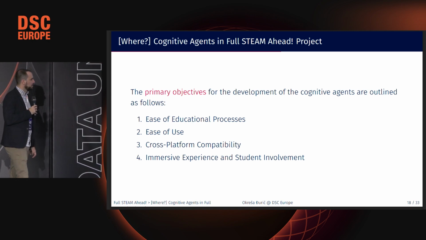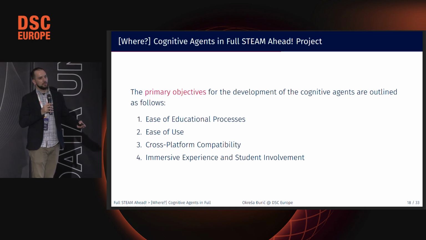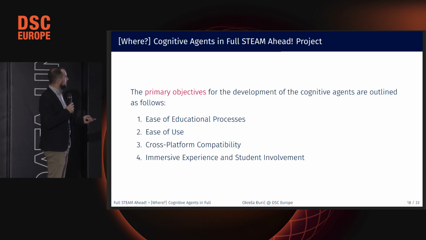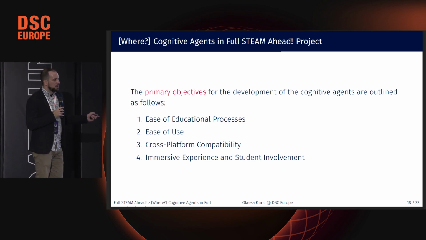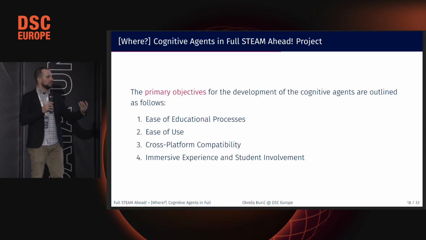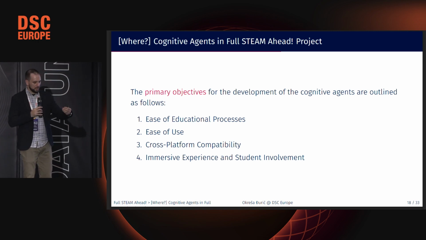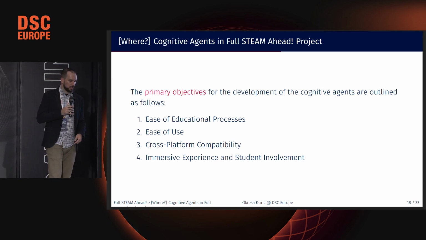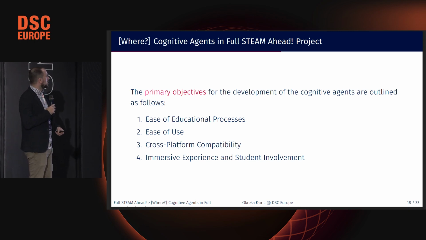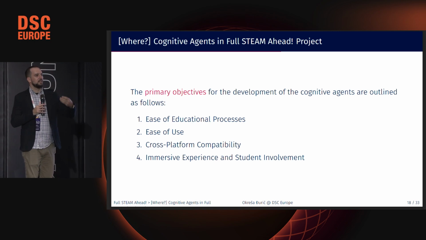And immersive experience and student involvement was rather crucial because we are talking about elementary school kids and lower grades. So basically what we did was allow those students to draw whatever they want their agent to look like, at least on the graphical layer, and then helped them make that a reality.